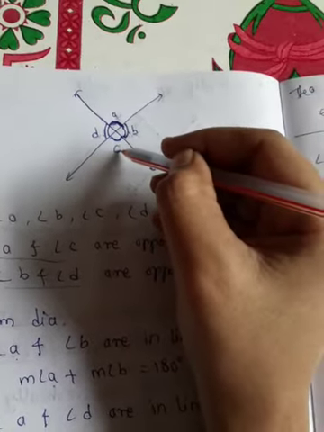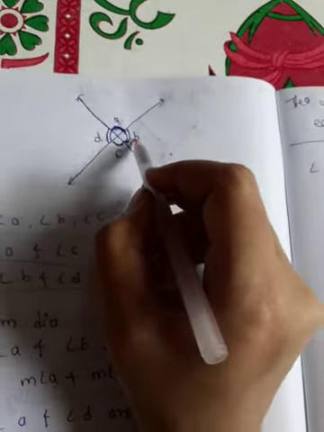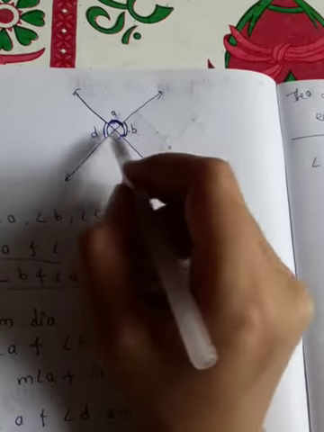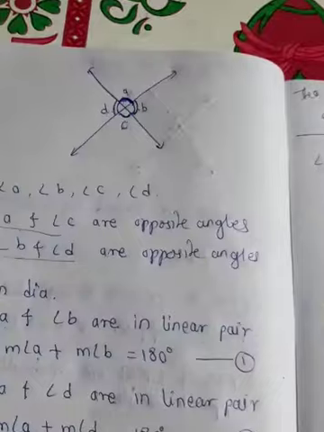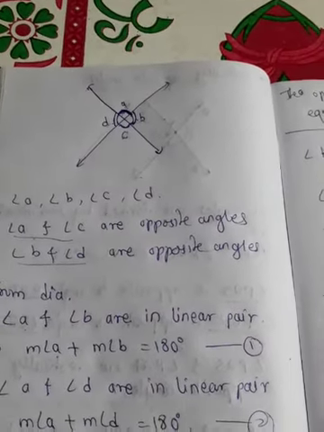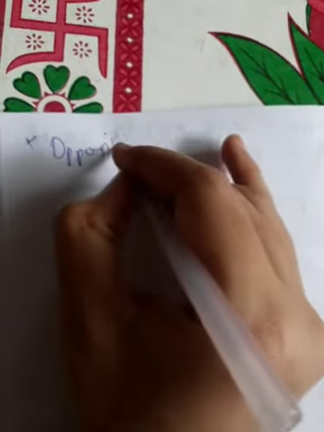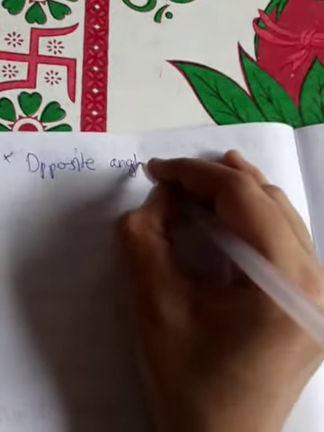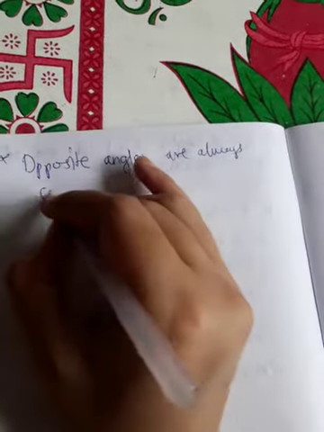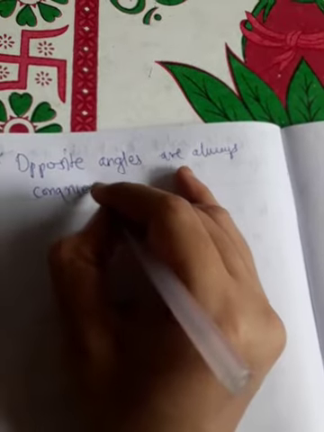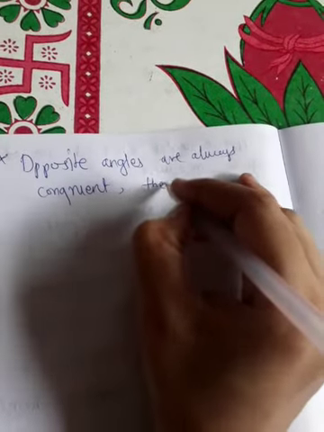of equal measure. Here angle B and angle D are of equal measure, and angle A and angle C are also of equal measure. So opposite angles are always congruent, and they have equal measures.